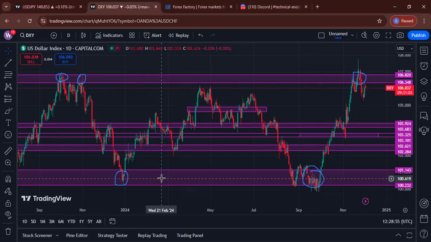Talia, anything you notice about those levels that I've marked? I want to say that there are origins of major moves. Thank you, that is what I was looking for. That is one of the major things I was looking out for. Yes, these are origins of major price moves.